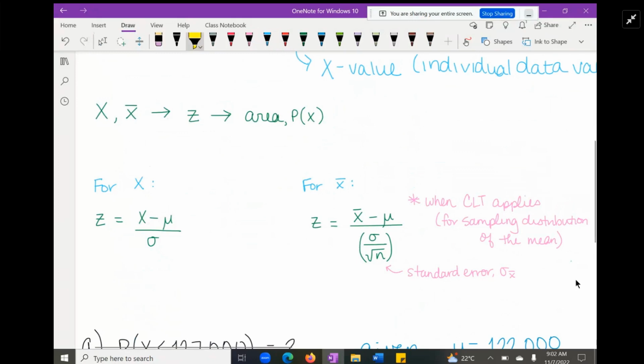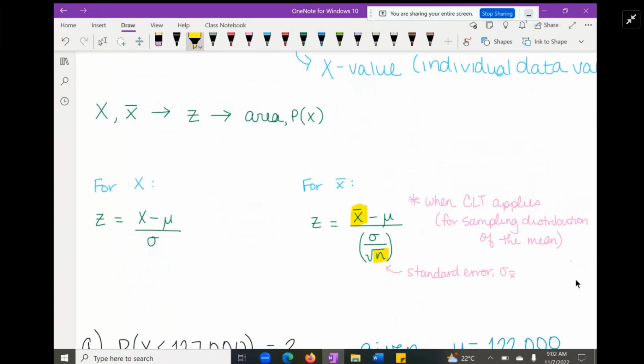Notice that in comparison to the X value, not only do we have an X bar that represents a completely different type of number or context, because it's coming from a group of numbers, specifically the sample, but we also have the sample size included. That is a huge difference. Please pay attention to that. These two formulas are different from each other.